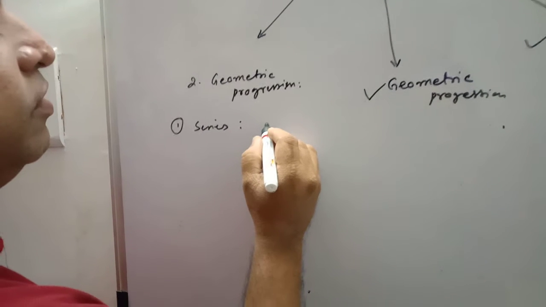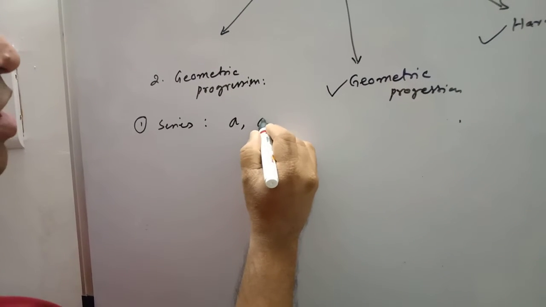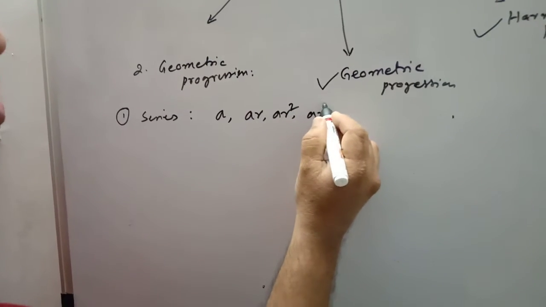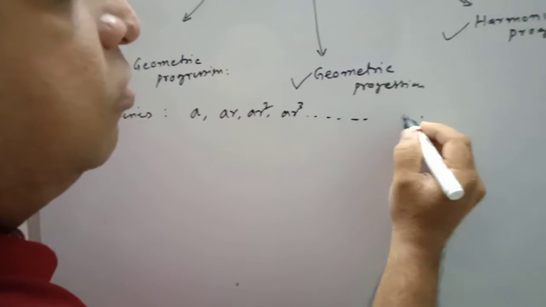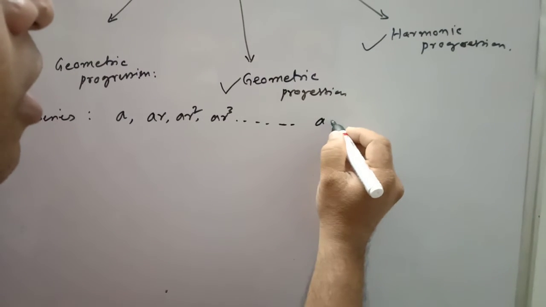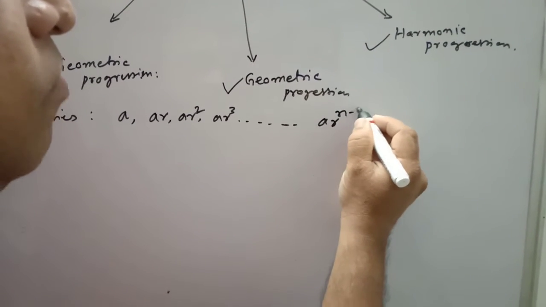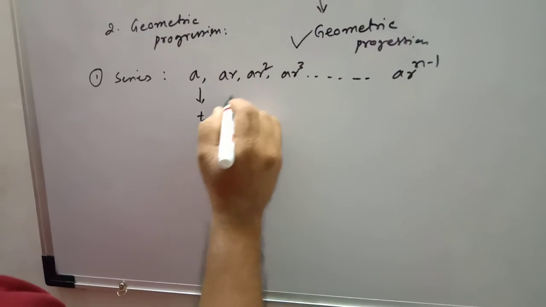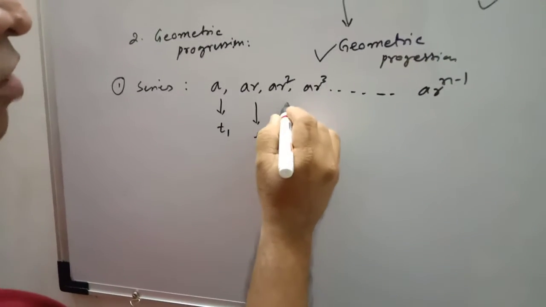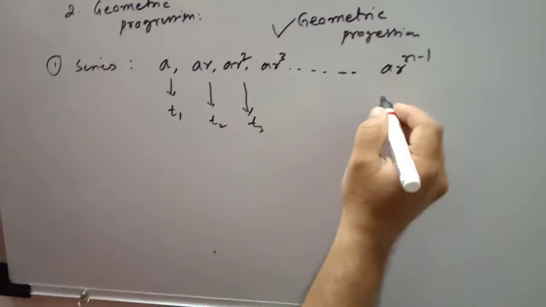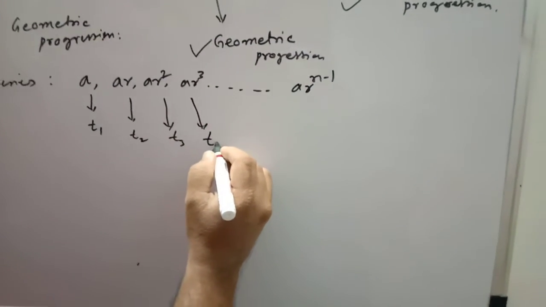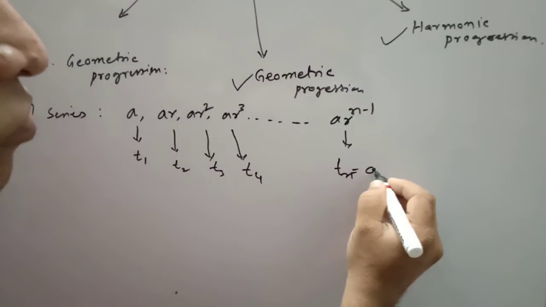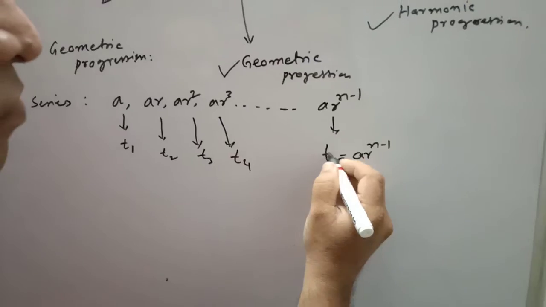It is written as A, the first term, AR, AR square, AR cube, and so on to the nth term, which is AR to the power n minus 1. This is called the nth term. This is T1, term 2, term 3, term 4, and this is the nth term. Tn is equal to AR to the power n minus 1.